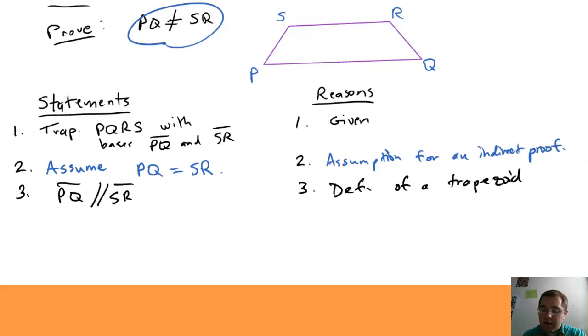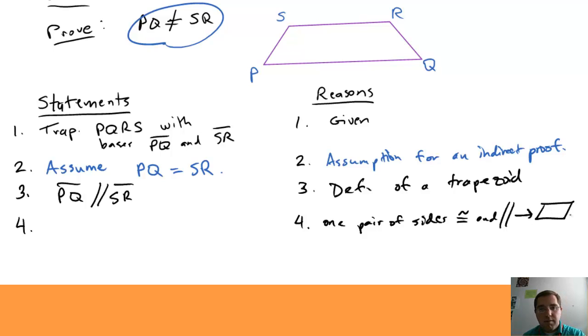That means that we have a quadrilateral with one pair of congruent and parallel sides. And when we have one pair of sides congruent and parallel, what do we have? We have a parallelogram. That's a theorem.